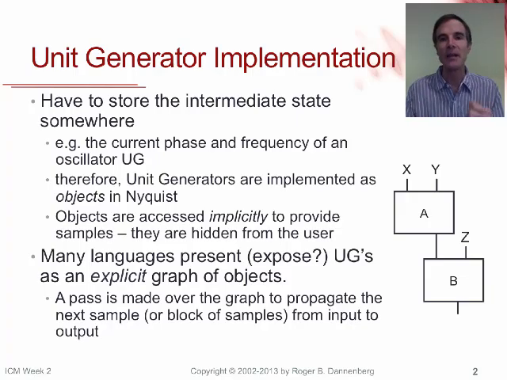And in those systems, you construct the graph, and then the system makes multiple passes over the graph to compute sounds and propagate samples to the output. Then you make another pass to get the next block of samples.